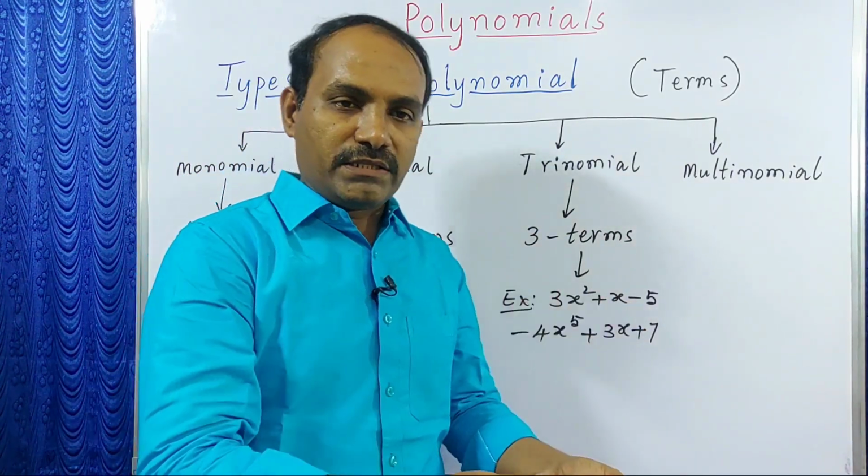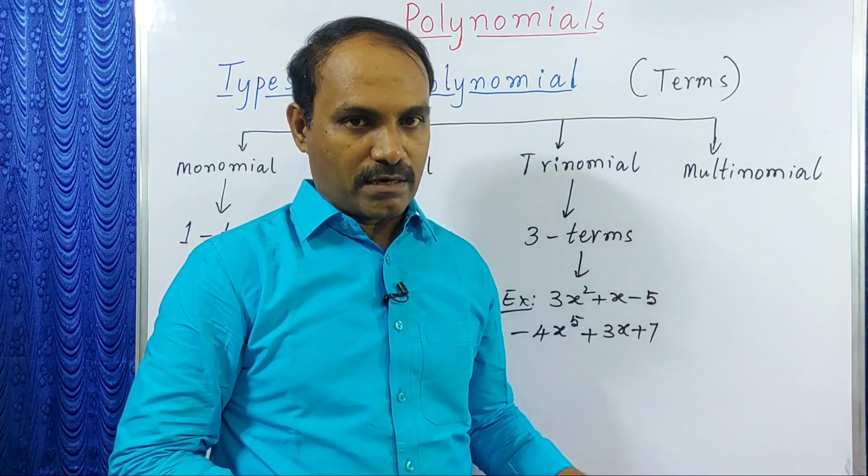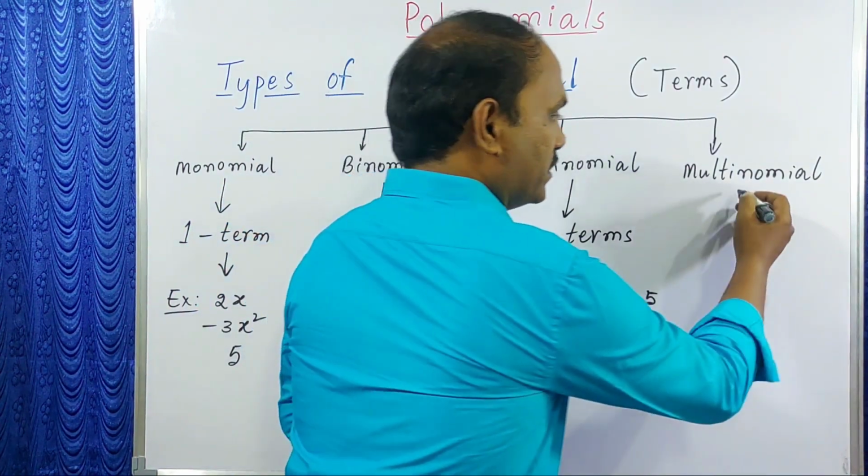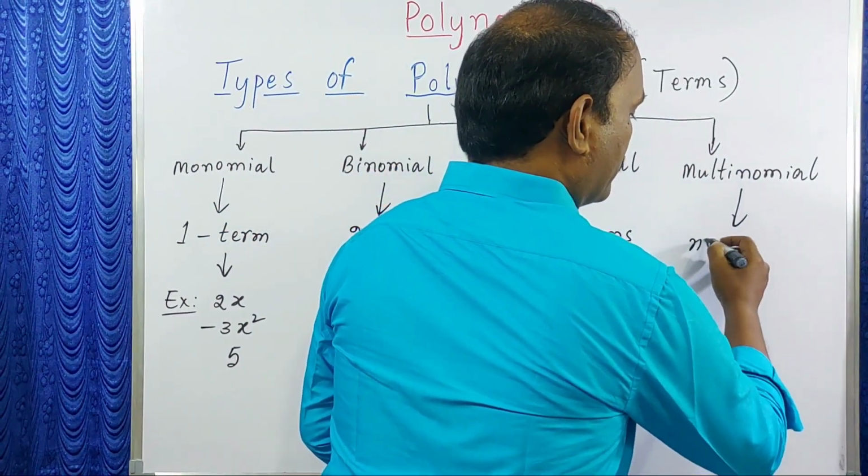If there are more than three terms, then it is called a multinomial. More than three terms means 4 terms, 5 terms, 6 terms, like that.